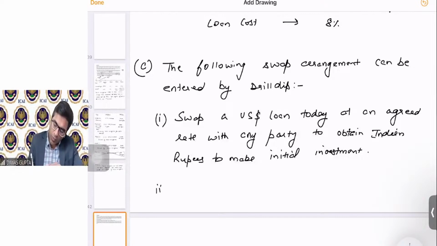So the initial position in swap is clear. So today it will happen. And 1 year from now, what will happen?